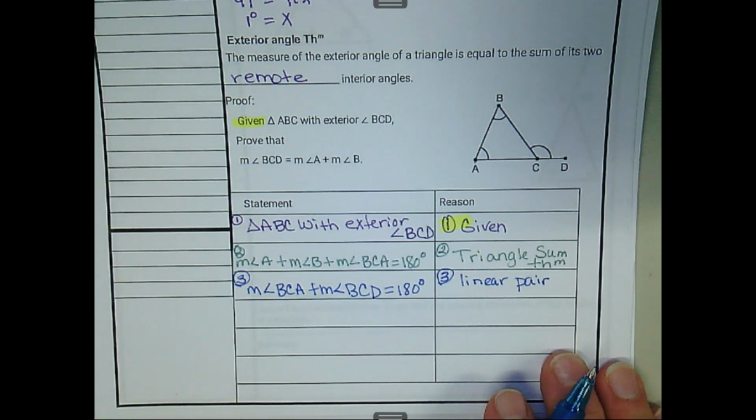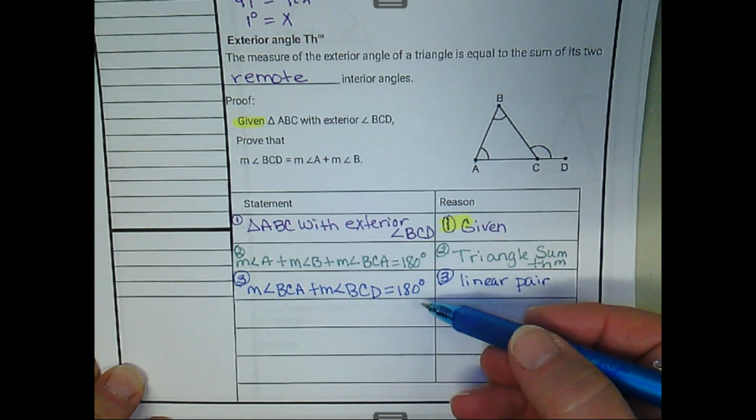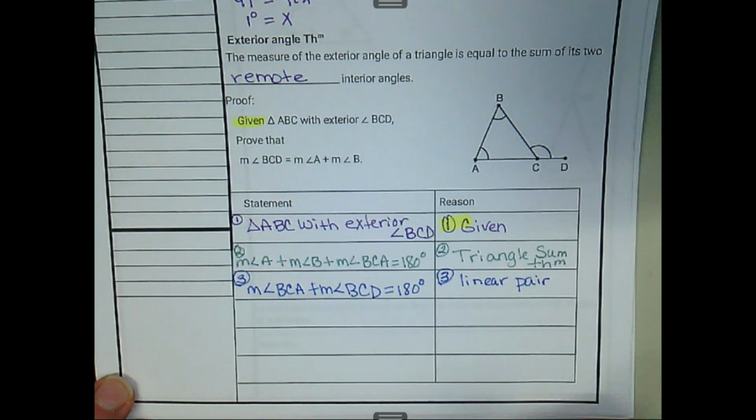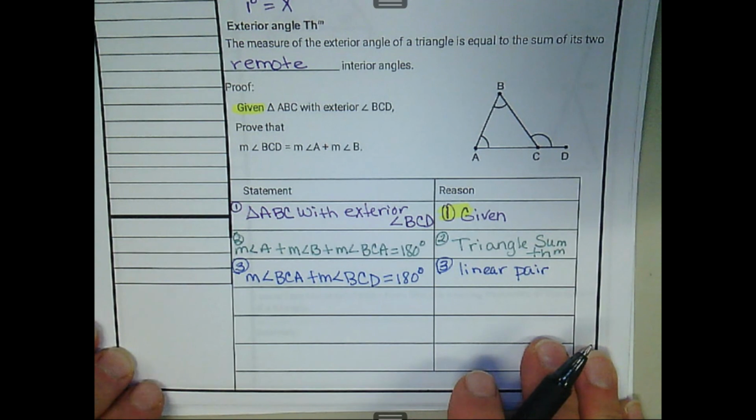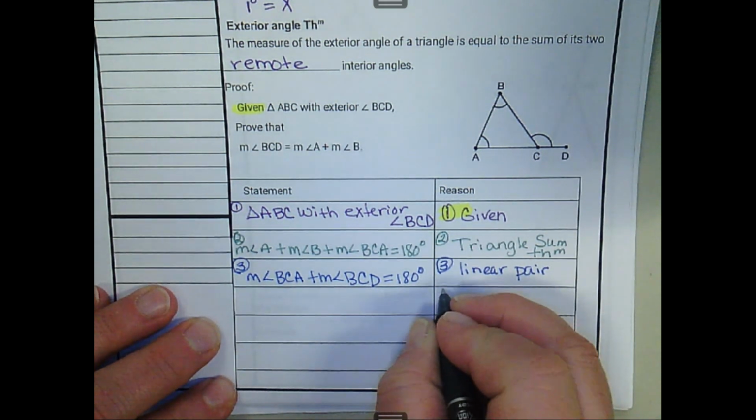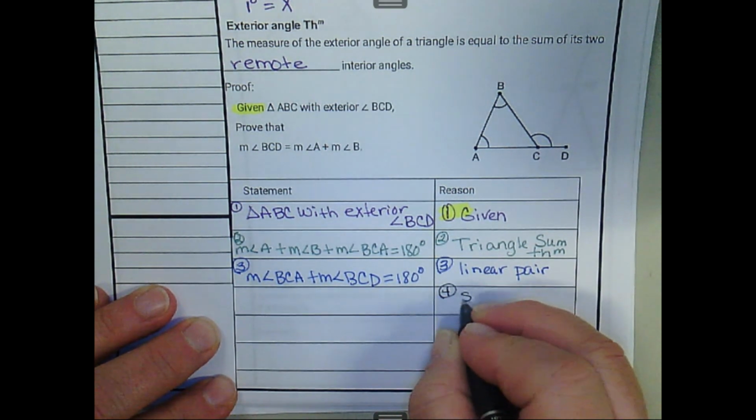So now I have to look at what I've written and see where my similarities are. What do I see on two different statements that is the same? Well, if you say equal to 180 and equal to 180, you are correct. If they are both equal to 180, then we know that those measures have to be equal to each other. So this is going to be by substitution.